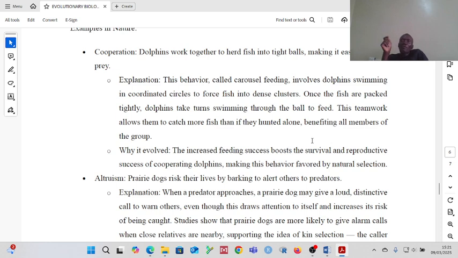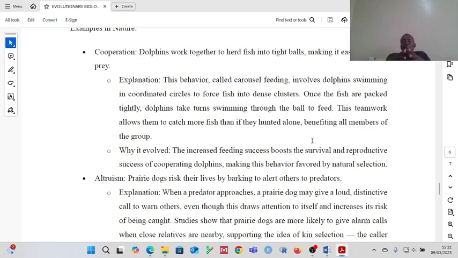Then in essence, all members of the group will now do what? Will benefit. Okay. So in this case then, why would such type of behavior evolve? Okay.